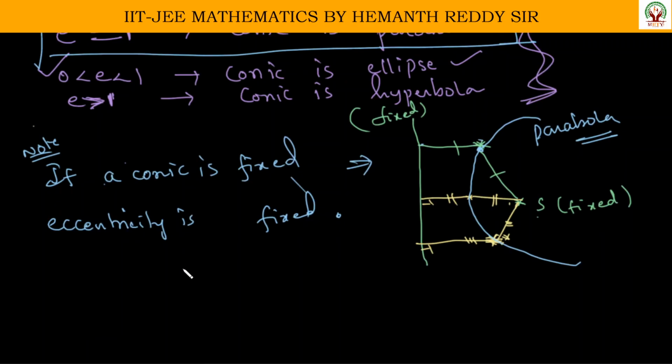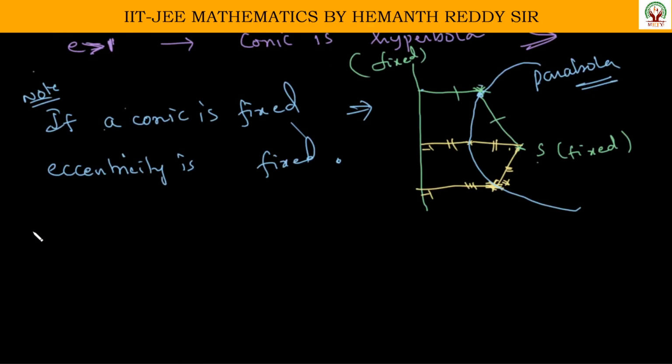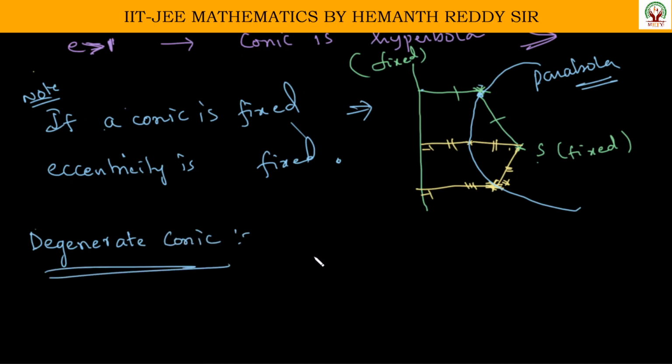Next, a small definition: degenerate conic. Write down this definition; while you write, simultaneously I'll explain.